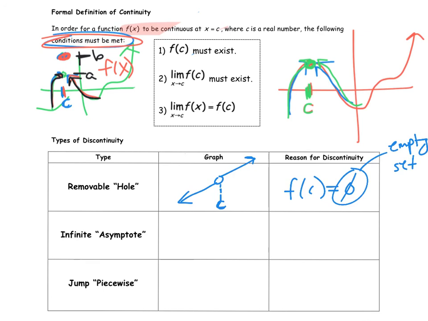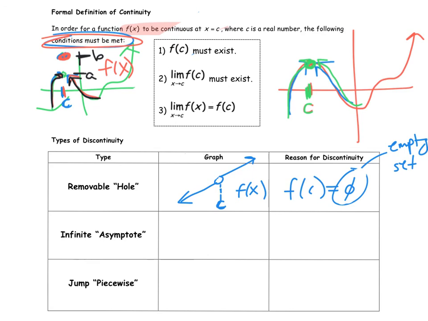So this is what the empty set looks like. For example, if this is my function f of x, at x equaling c, there is no actual y value. It doesn't exist. We get really close to whatever that y value is for f of c, but it doesn't exist.